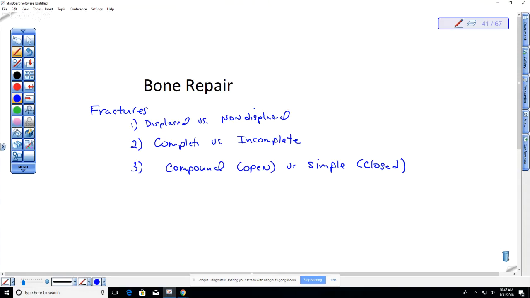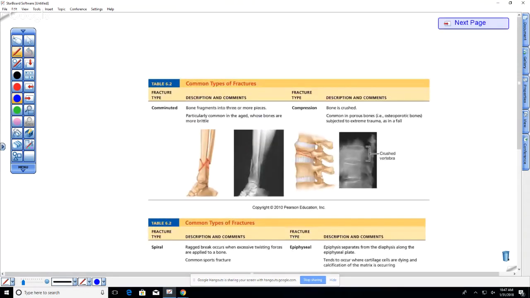So in your book, there are also some other examples. One of the interesting ones has to do with where you get compression, where the bone is crushed. This one is really interesting because we're going to start talking about the spine, but old people sometimes have compression fractures in their vertebrae, because those bones have become weakened due to osteoporosis.